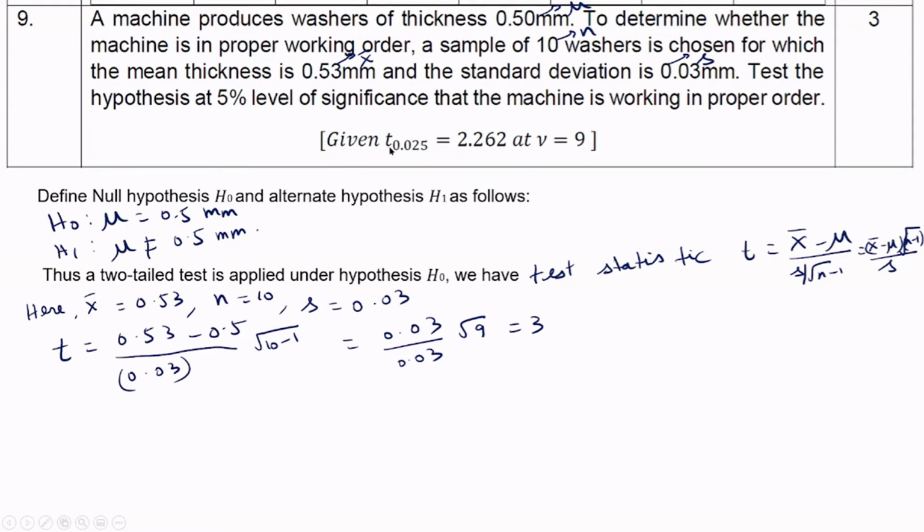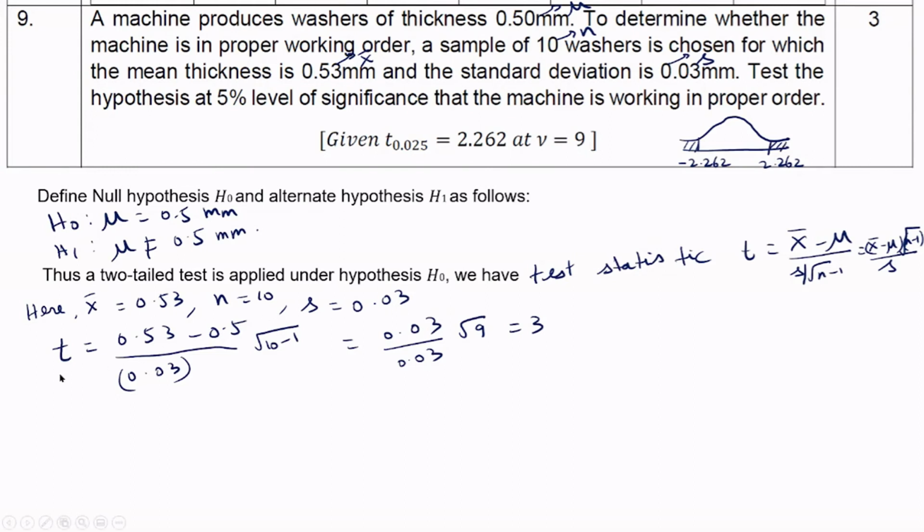Here they have given the area in one tail, that is, they have given t 0.025 equal to 2.262. So if we draw the graph, this is minus 2.262 and this is 2.262, and outside is the region of rejection.